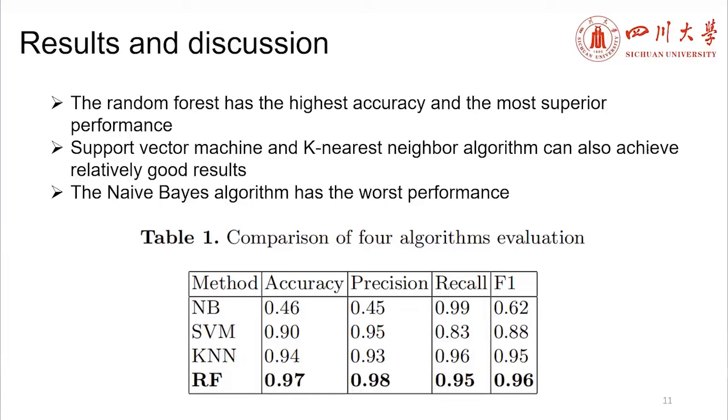Support vector machine and k-nearest neighbor algorithm can also achieve relatively good classification results, but the accuracy is lower than random forest. The naive Bayes algorithm has the worst performance. Its accuracy is only 0.46, precision is 0.45, recall is 0.99, and F1 score is 0.62.